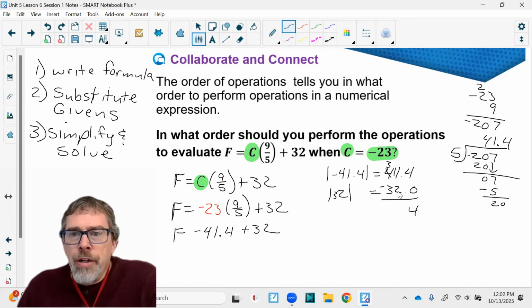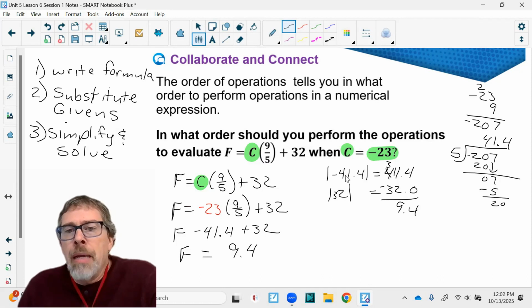We need to borrow here. 11 minus 2 is 9, so we get 9.4, but be careful, the sign of the larger number is what we take. The absolute value of 41.4 is more than the absolute value of 32. 41.4 was negative. My answer is negative. So my answer is Fahrenheit temperature is negative 9.4 degrees. Okay?